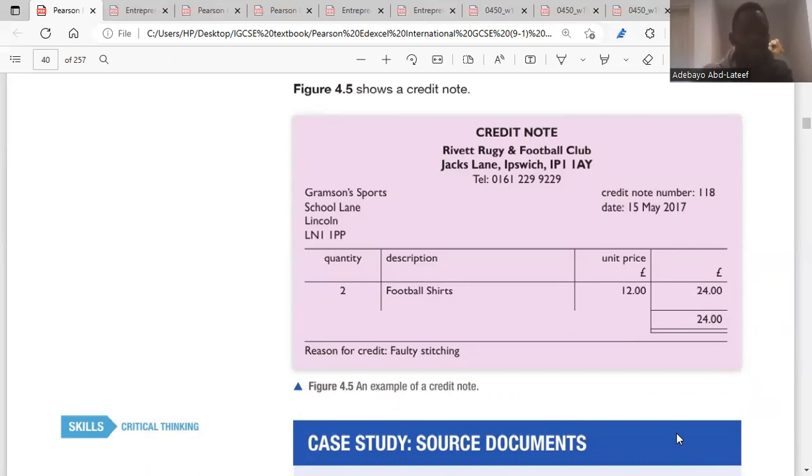So that means there are different reasons why you could return a product to your supplier. One of the reasons is that the product was brought to your premises in a bad condition. Two, the product might have expired. Another reason is the quantity you requested was more than what they gave to you.